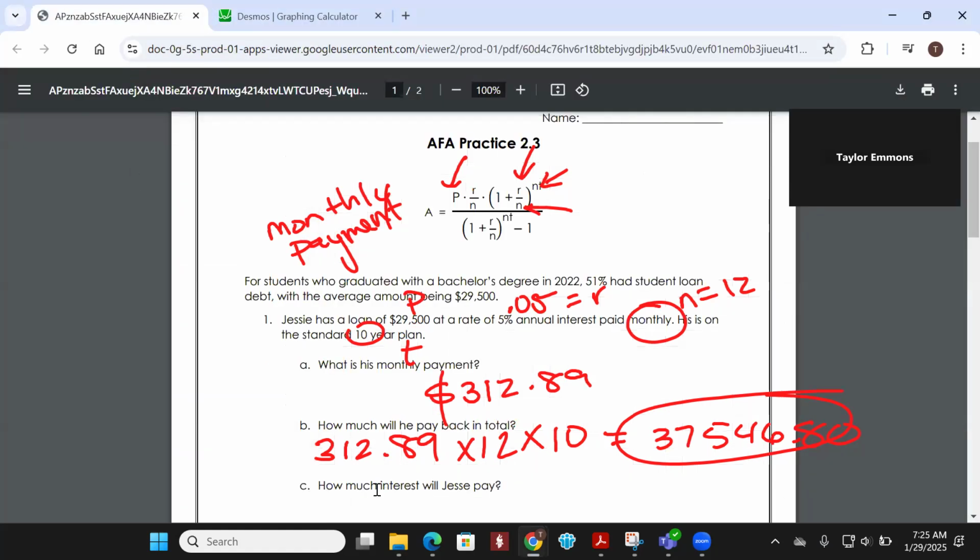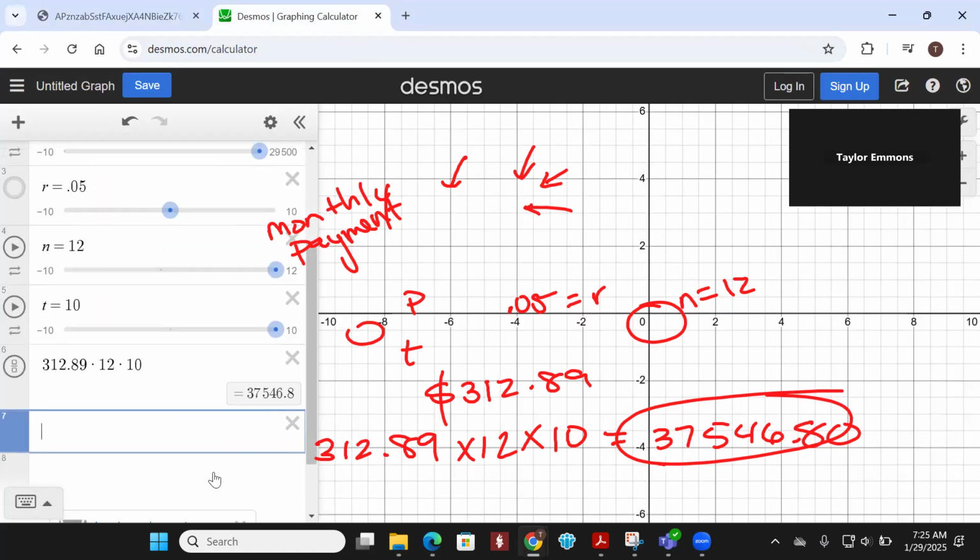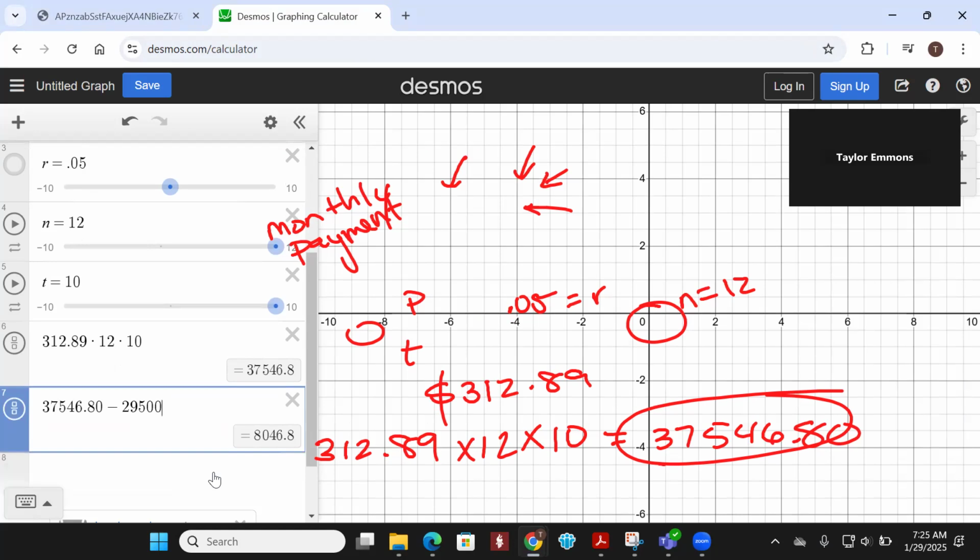Now, part C says how much interest is Jesse going to pay? Here's how we do this. We take what you would pay total minus how much you borrowed. So going back into Desmos, we're going to take how much we paid in total minus how much we actually borrowed. And that's the interest.